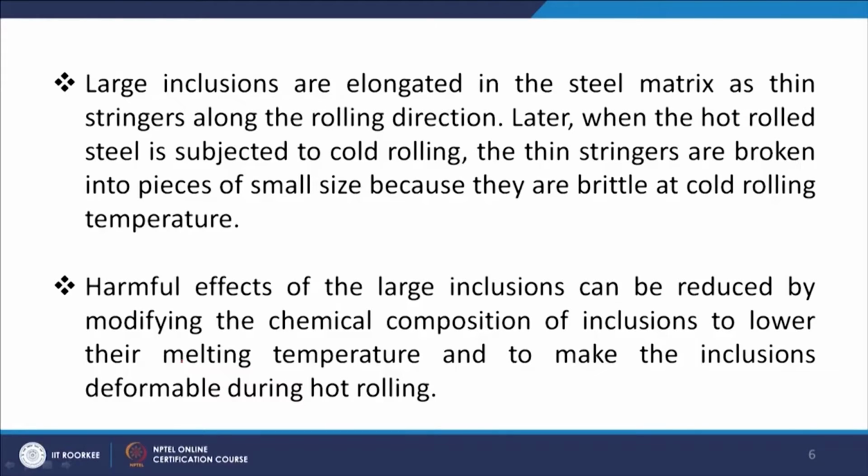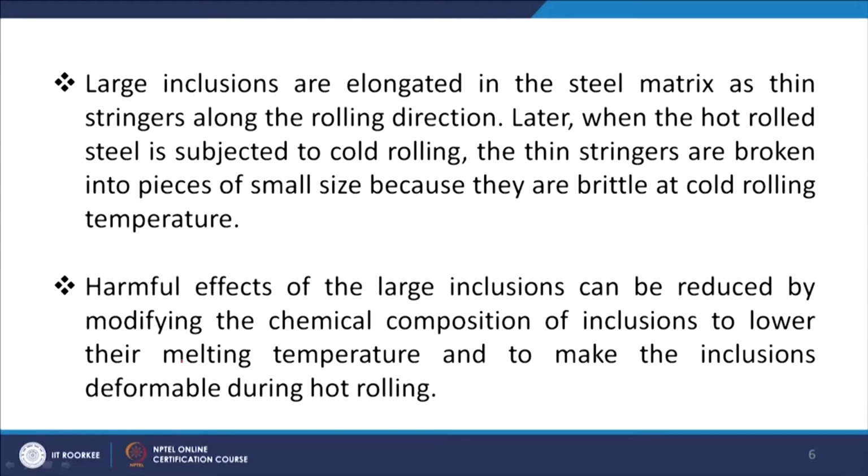What happens is that these larger inclusions will be elongated in the steel matrix as thin stringers along the rolling direction. When you roll these slabs or billets or ingots, when you are going for the rolling operation, they are likely to be elongated and will be like thin stringers in the rolling direction.